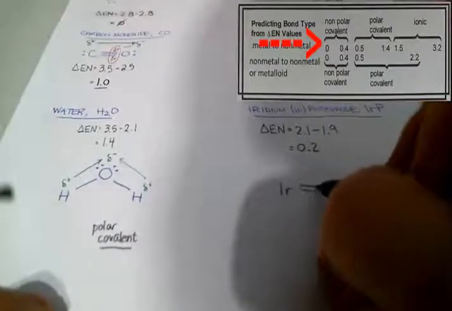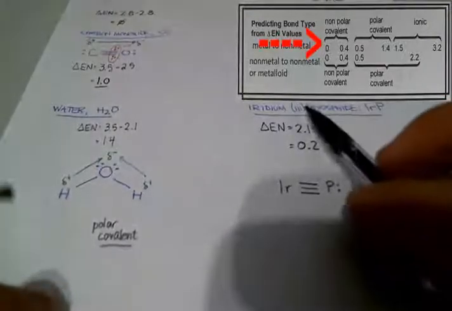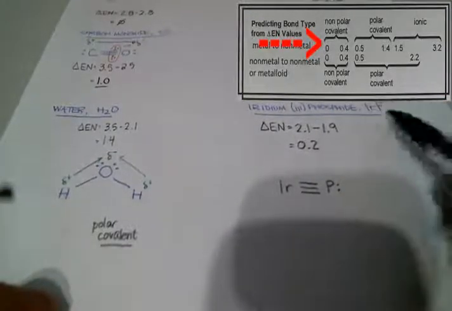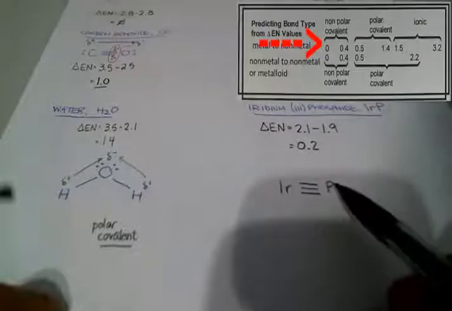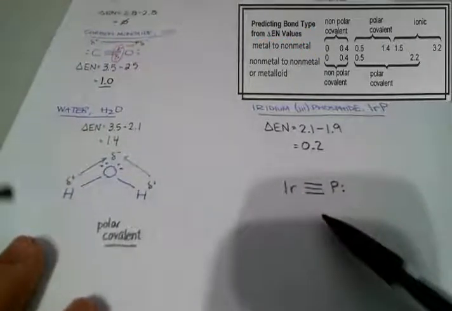I just realized there should be 3 lines there because it's sharing 3 electrons, right? 3 electrons shared to a phosphorus that wants to get 3 electrons. I apologize for that.